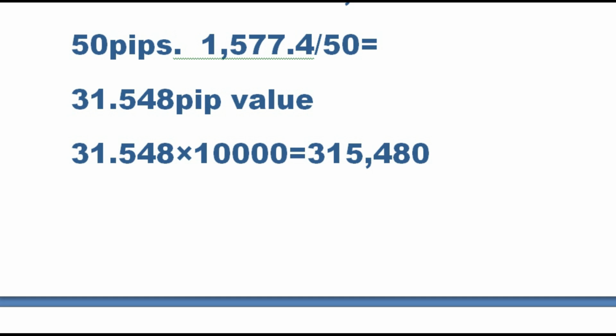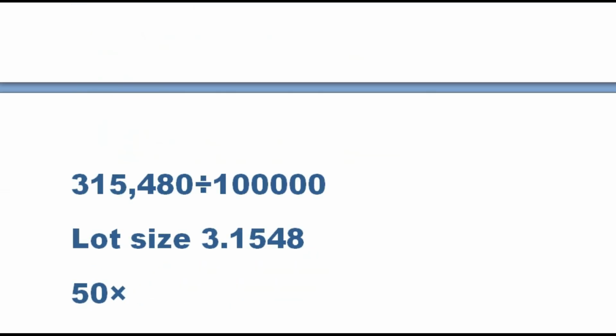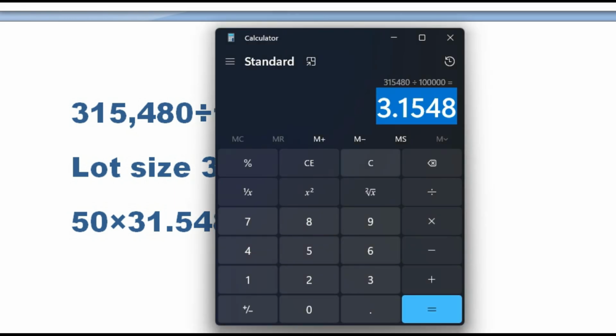50 pips times the pip value here, which is 31.548. 31.548 times 50.